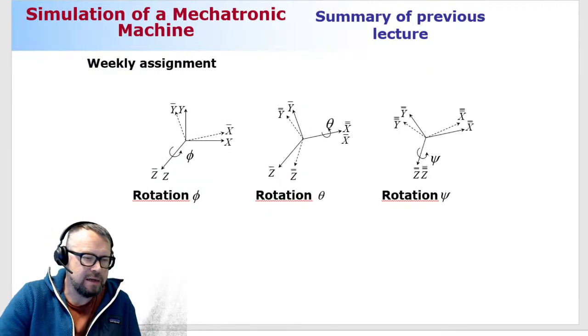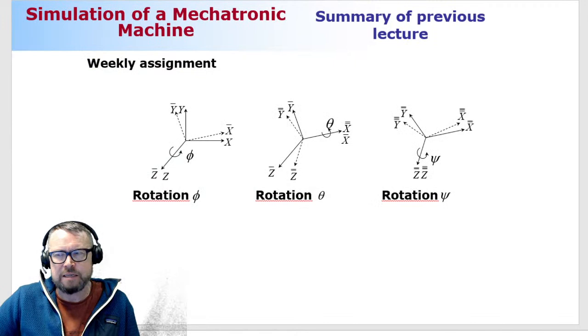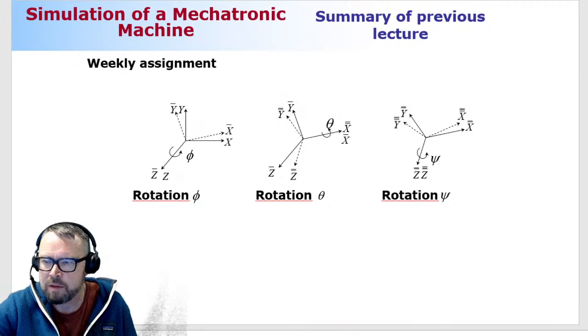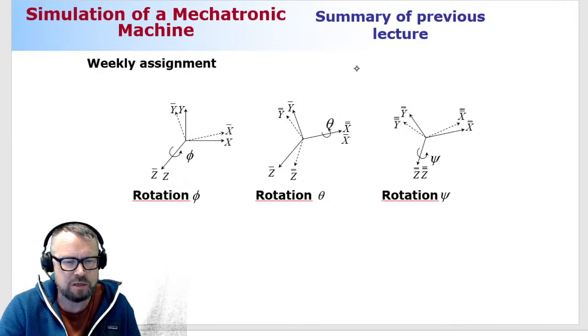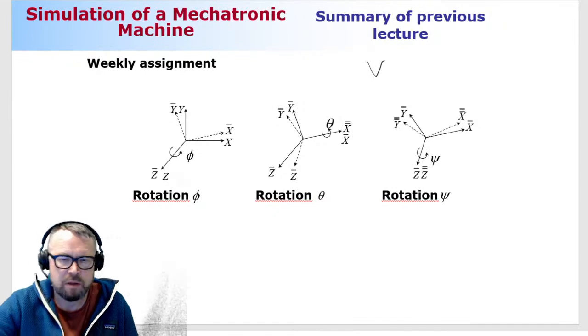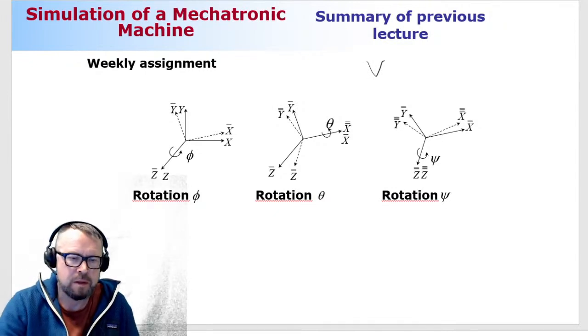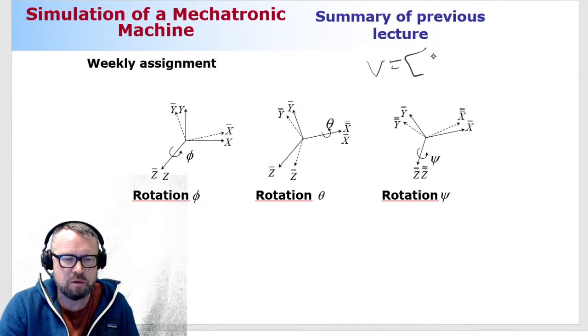Okay, what about the case where you want to introduce a rotation around the y-axis? Remember that there is this question that I provided to you. I think it was pretty similar to the previous one, but this time it said that the vector is 0, 1, 0.